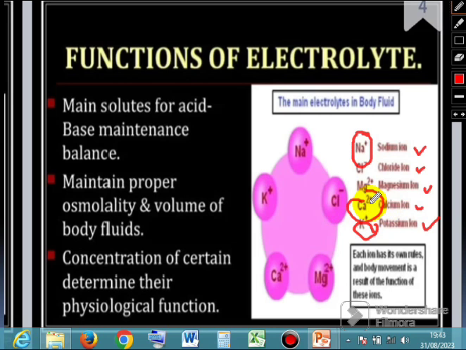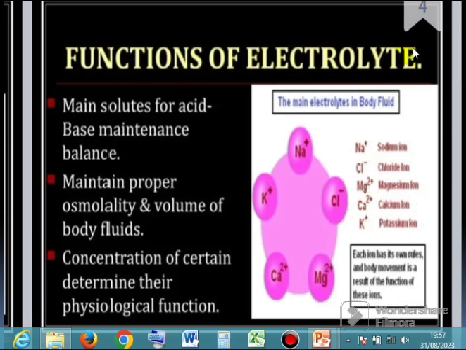So it will be in your own interest to go and look at the functions of electrolytes in body fluids. All electrolytes in the body have their functions.